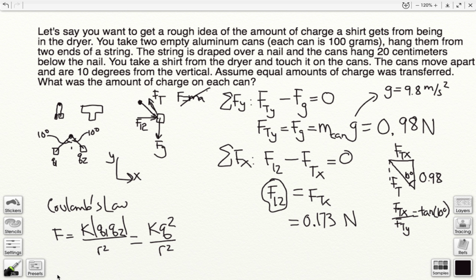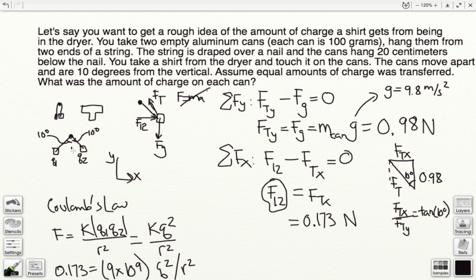I know that my force is 0.173, K is 9 times 10 to the 9th, and then Q squared over R squared. Now my R is the distance between can 1 and can 2.